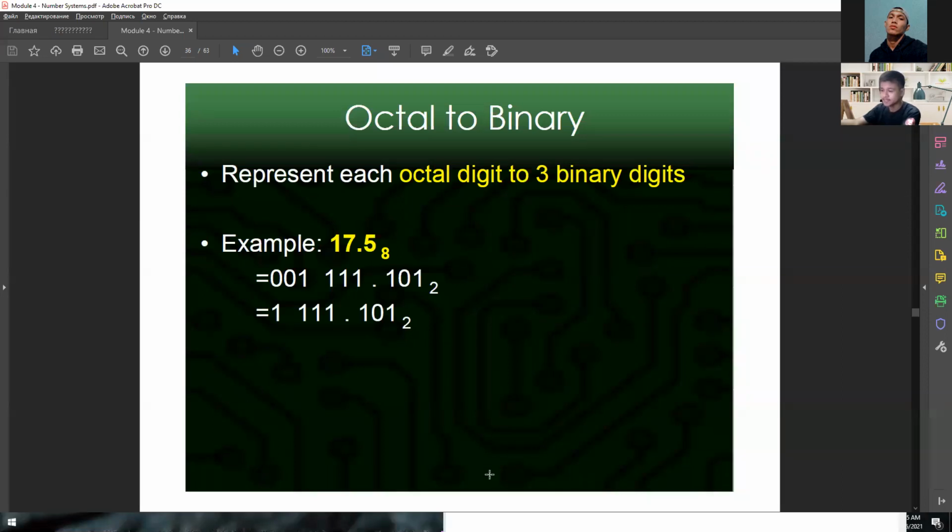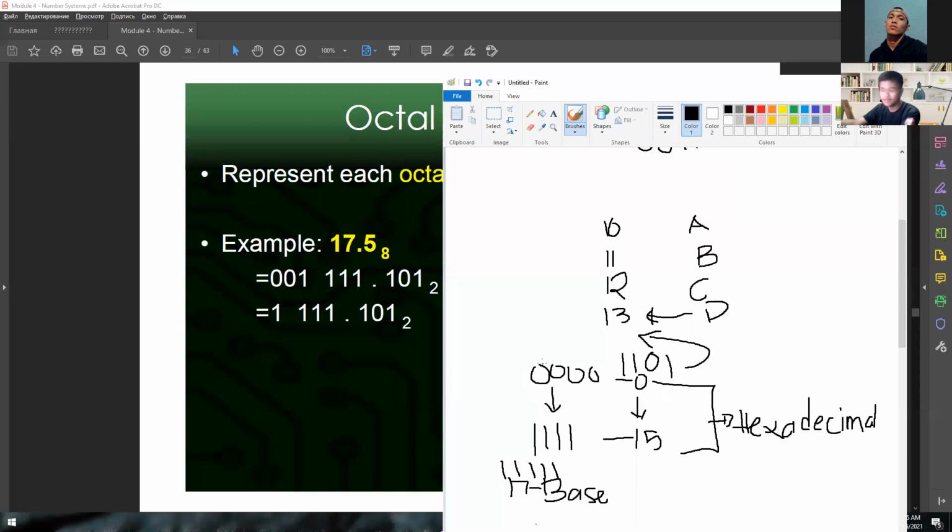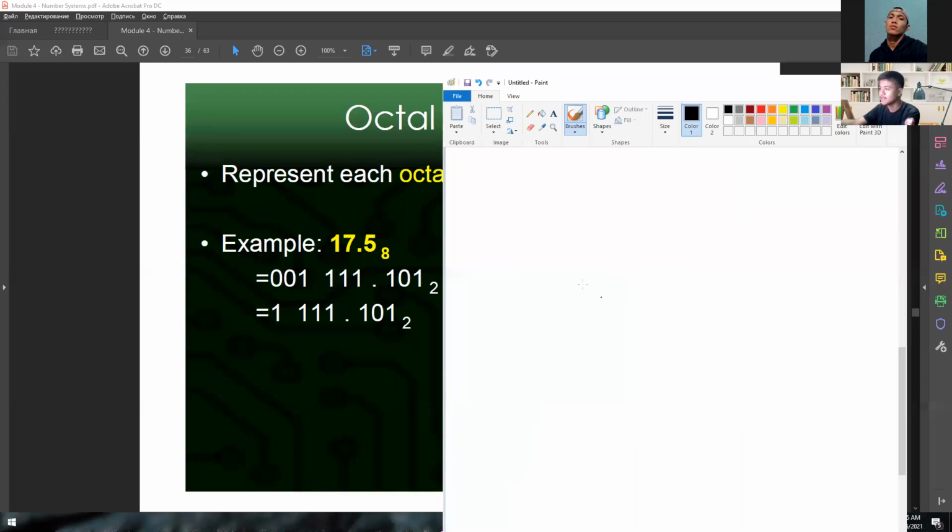Before, in hexadecimal, we needed 4 bits, but in octal, we only need 3 bits. Why? Because this is 0, and this one is already 7. Take note, in octal, we only need 8 characters, starting from 0 to 7.